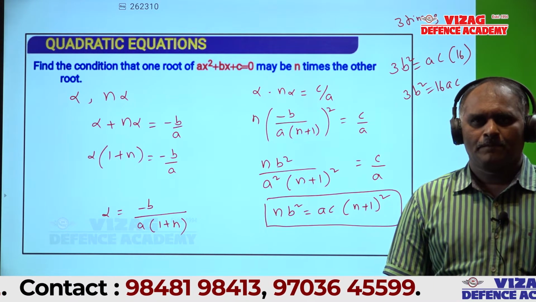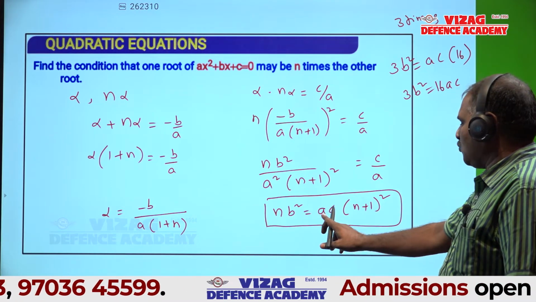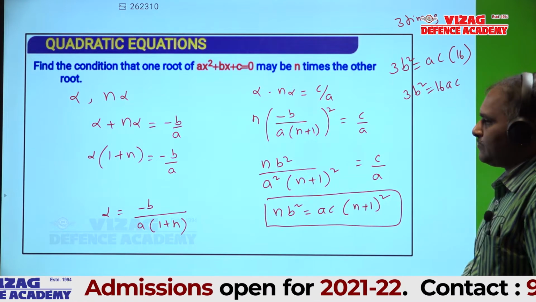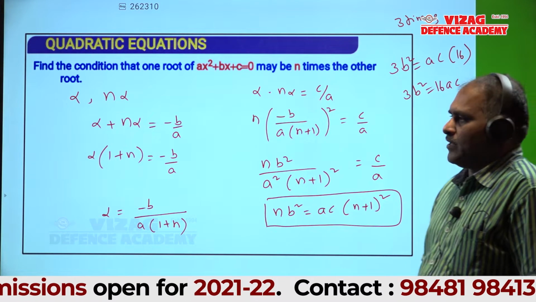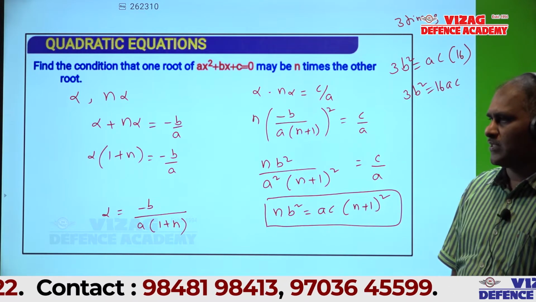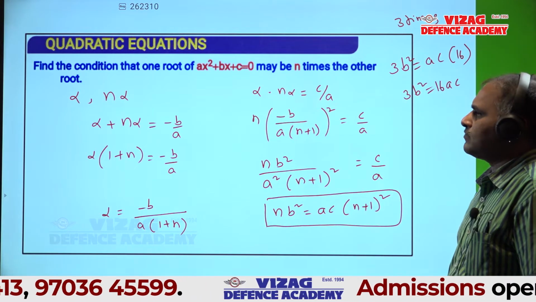Sir, now what is the condition? n b square is equal to a c into (n plus 1) whole square. Are you completed with this one?